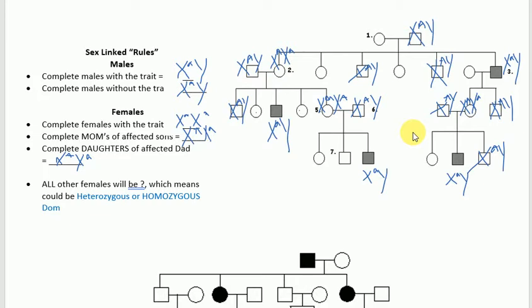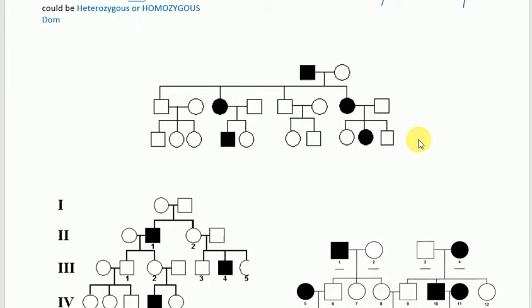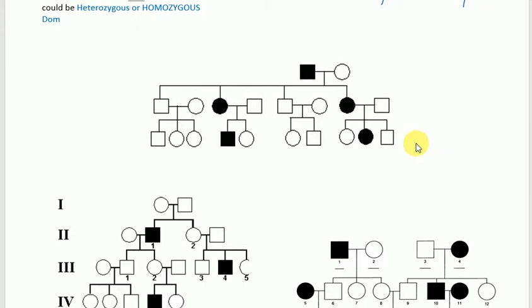Okay, so let's do another one. So our first thing to look at is, are males and females equally showing the trait or no? And it looks like they are. And then the next question is dominant or recessive. Does it skip a generation? And it does not.